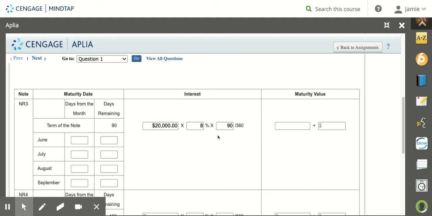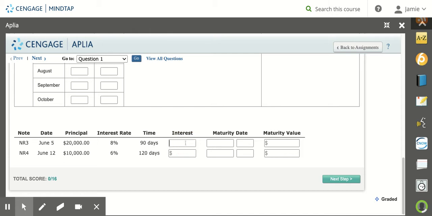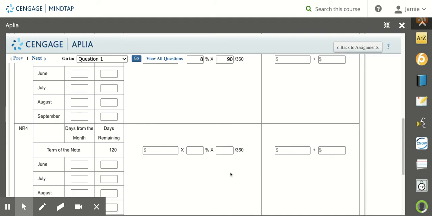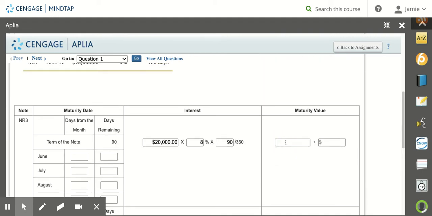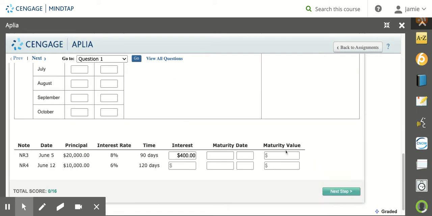So our interest would be $400. We'll put our interest down here for note 3, $400. So our maturity value would be $20,000 plus $400, principal plus interest.